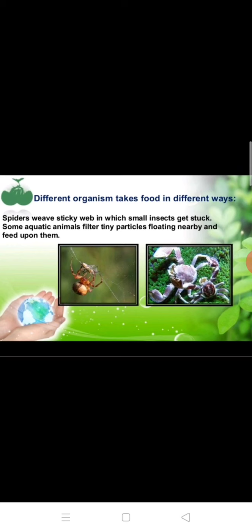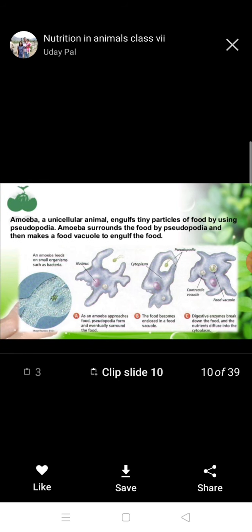Actually, spiders weave those sticky webs to capture them. Some aquatic animals filter tiny particles floating nearby and feed upon them. The water keeps floating, and as it passes through the body of the aquatic animal, the animal filters out the nutrition and takes it, and the remaining waste material gets filtered and goes out.